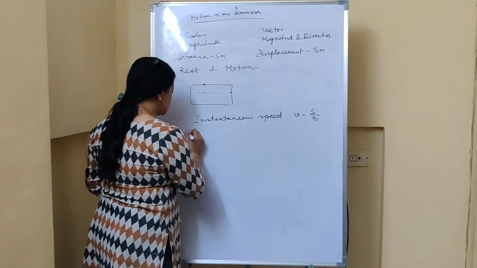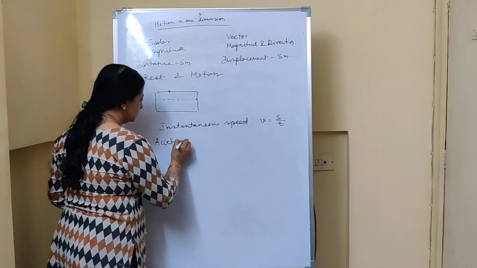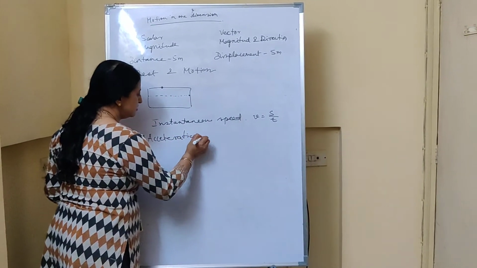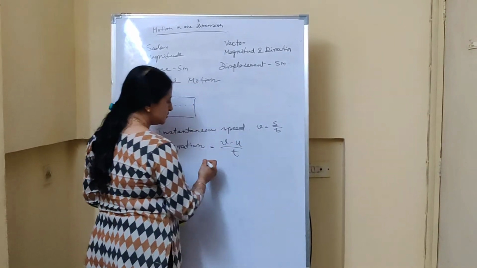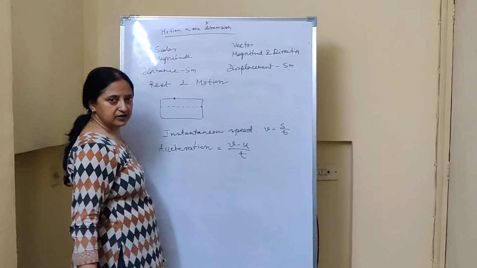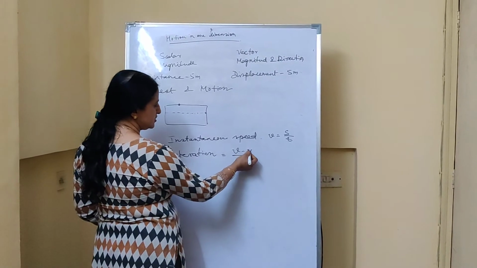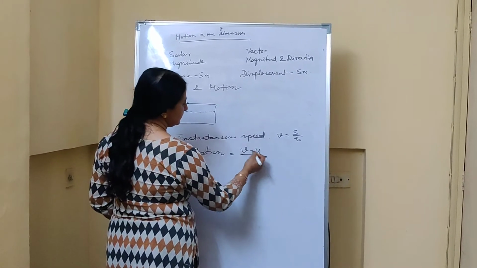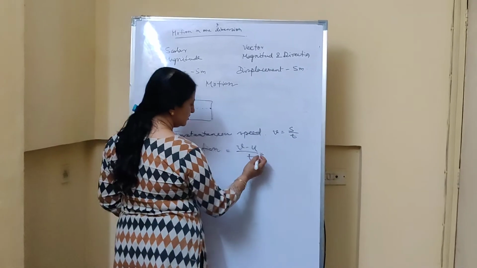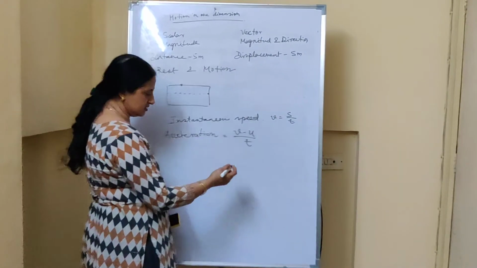Now comes the term acceleration. Acceleration is the rate of change of velocity. An object is moving with initial velocity u, final velocity v, and in time t. So the difference of the two velocities divided by the time taken gives us the acceleration.